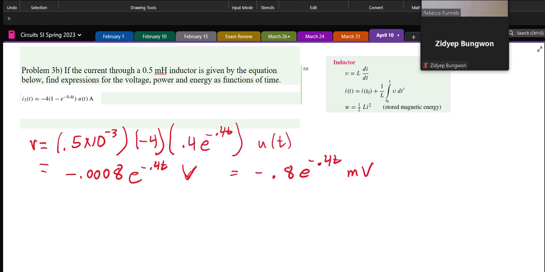So that's the voltage. We're supposed to find the power. Power is i times v.